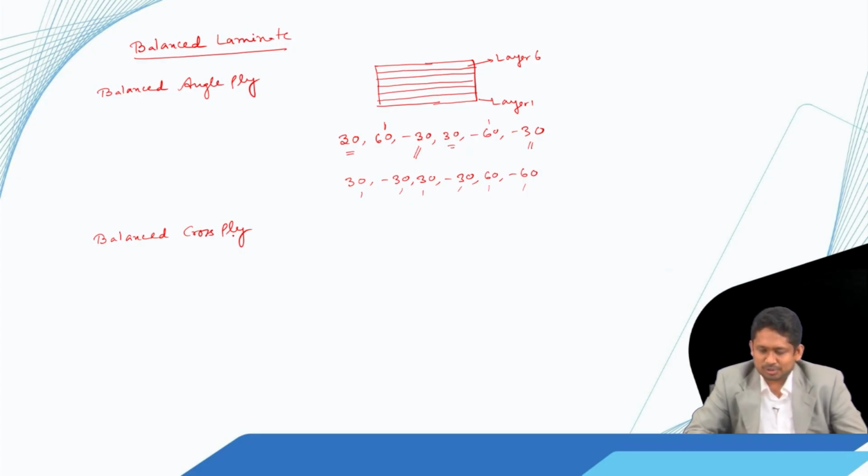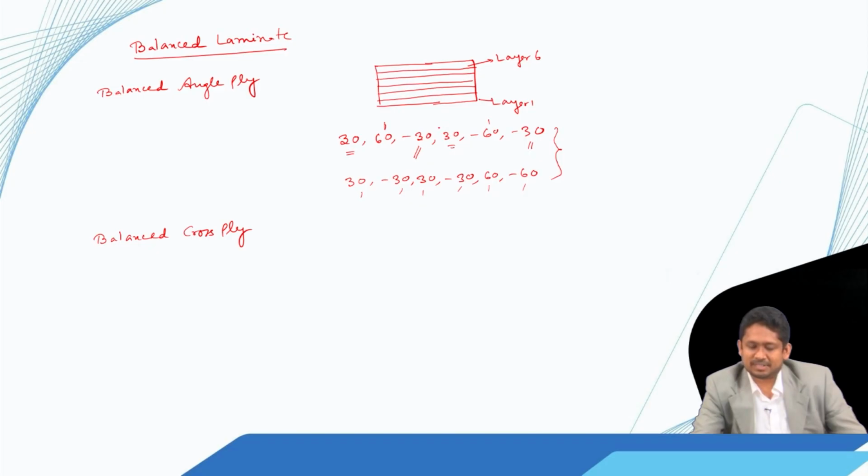Now, here is one thing to note: a laminate which is balanced does not necessarily have to be antisymmetric. For example, in this laminate, the number of 30 and minus 30 are the same, and the number of 60 and minus 60 are the same, so it is balanced, but this one is also antisymmetric.